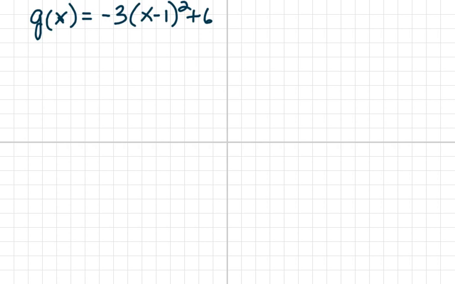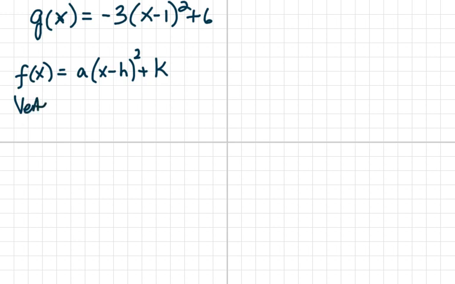So you will recall the following equation, which is the general vertex form of the quadratic function. And you may recall that the vertex is a point on the graph, (h, k).